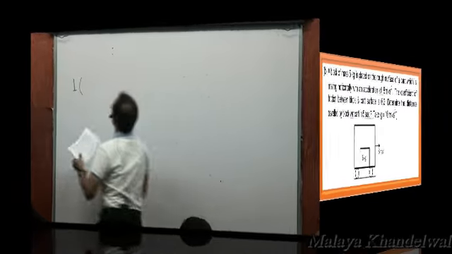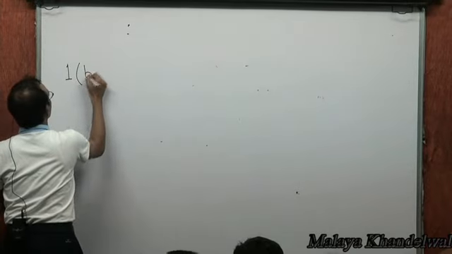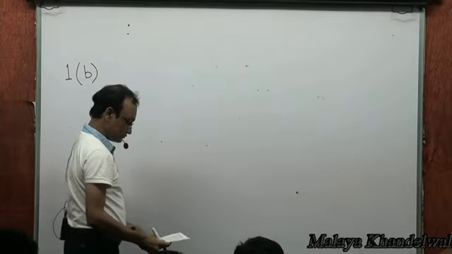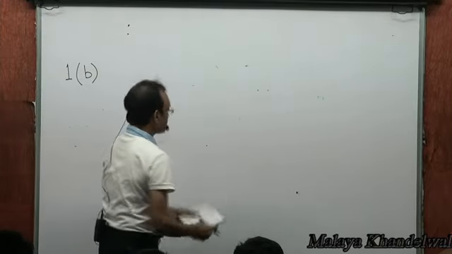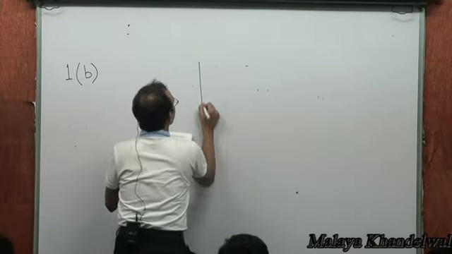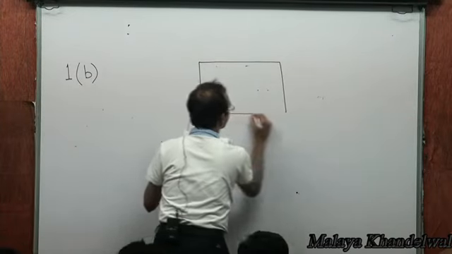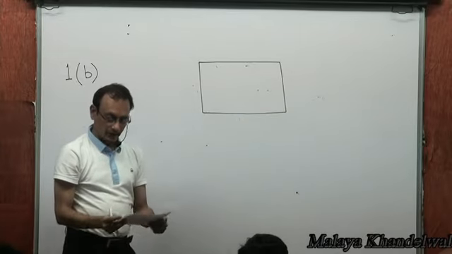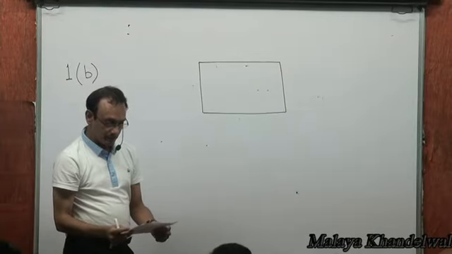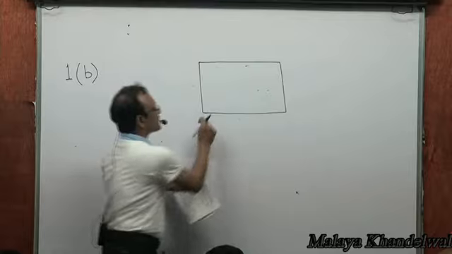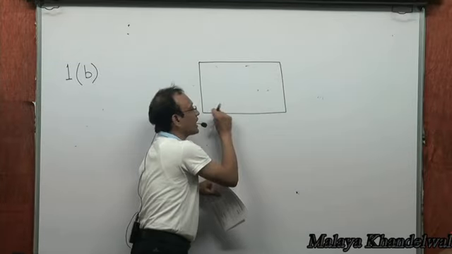1B. There is a cart. This is a cart. And inside this cart, this surface of the cart is rough.